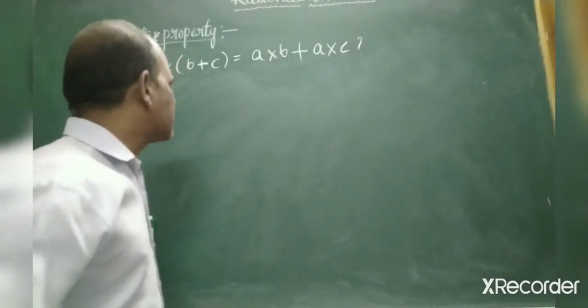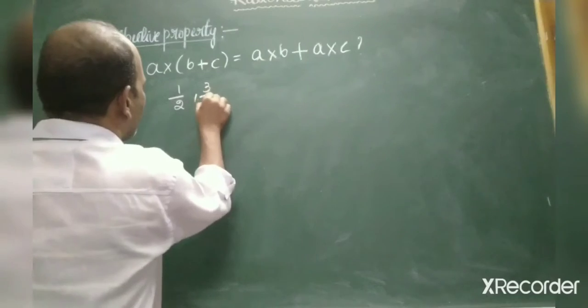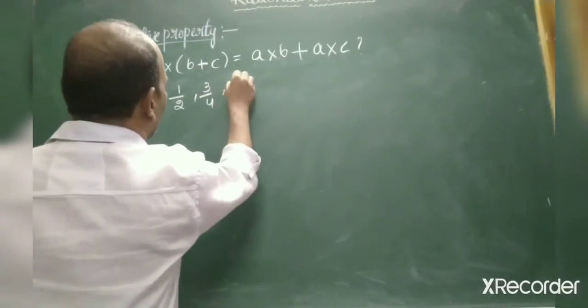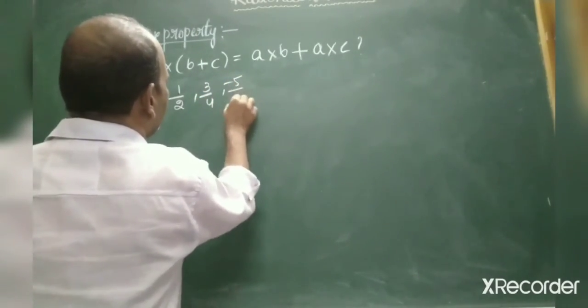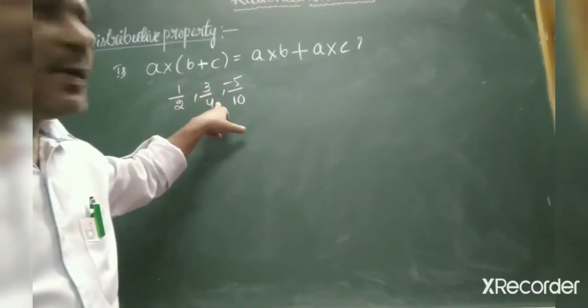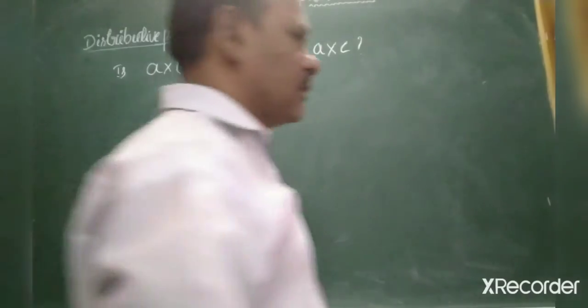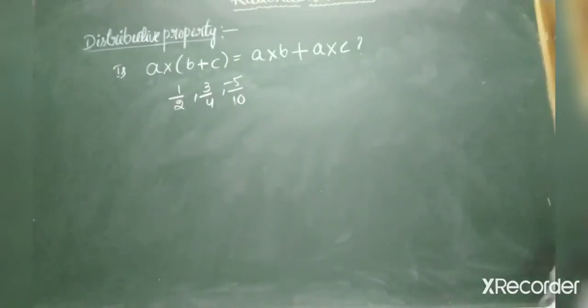I am taking three rational numbers 1 by 2, 3 by 4, minus 5 by 10. Here A is 1 by 2, B is 3 by 4 and C is minus 5 by 10. Better to take another number.